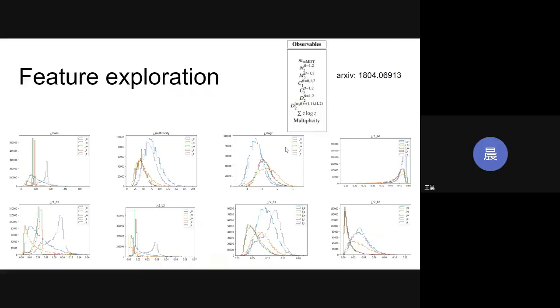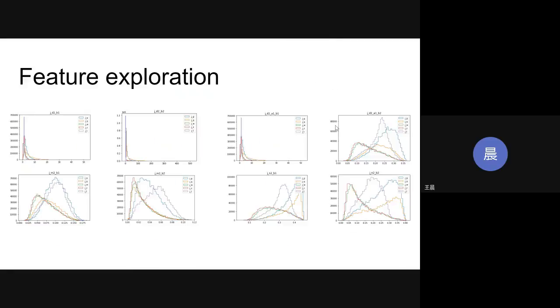I'm Wang Chen, and now I'll introduce the feature exploration and our model plan. From this paper, we picked 16 observables to train our DNN model, as introduced before. One thing I want to mention is that I think JD2B1 and JD2A1B1 are the same.